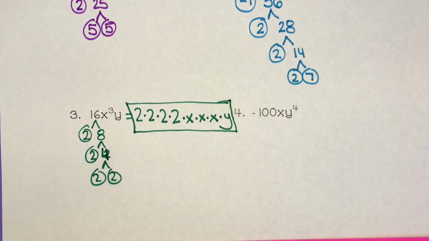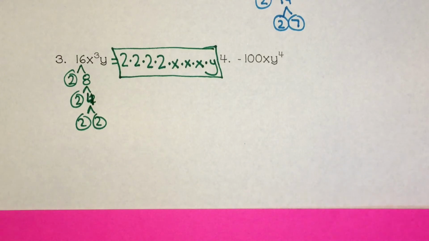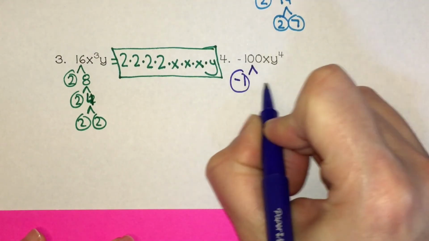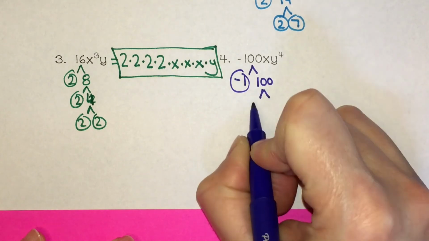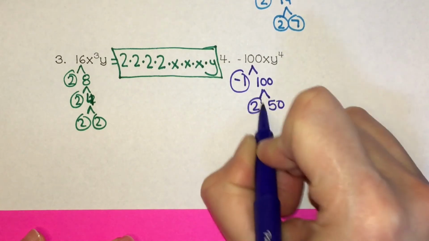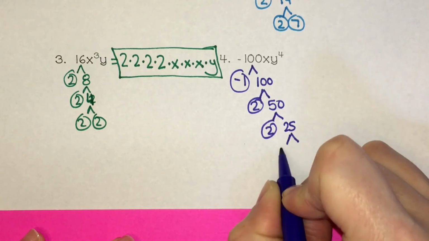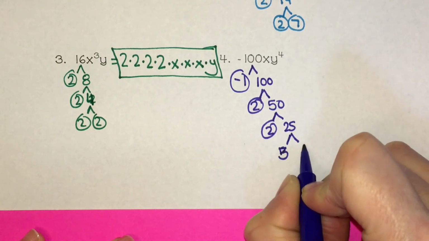And the last one, we have negative 1 times 100. 100 is 2 times 50. 50 is 2 times 25. And 25 is 5 times 5.